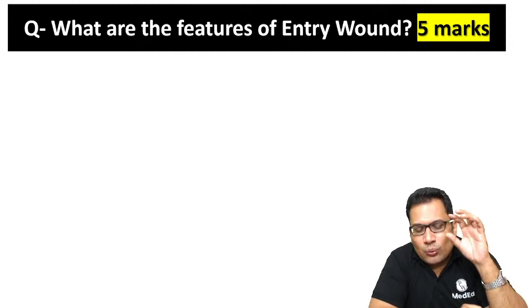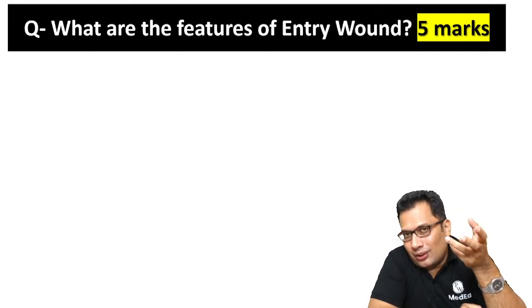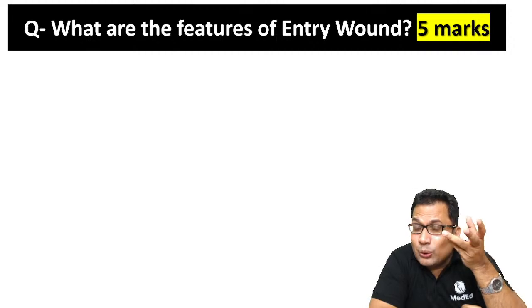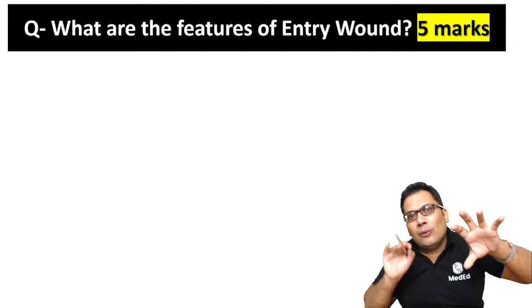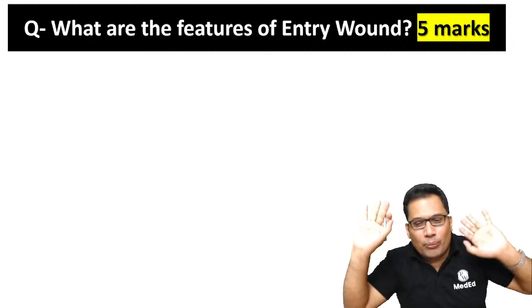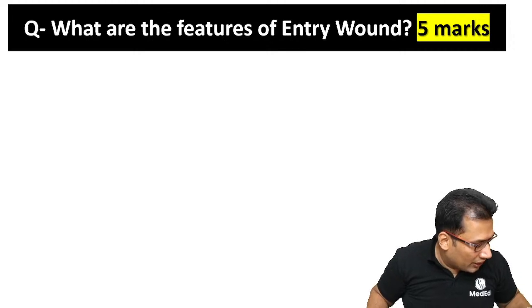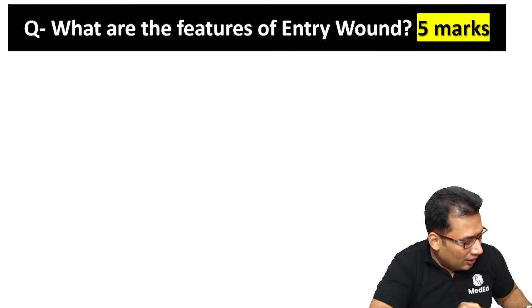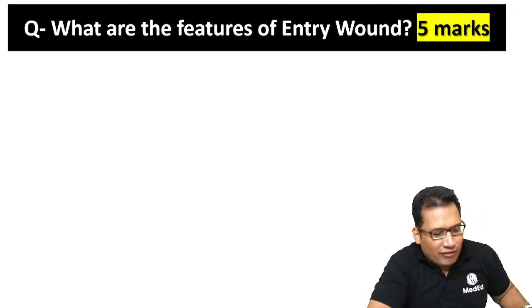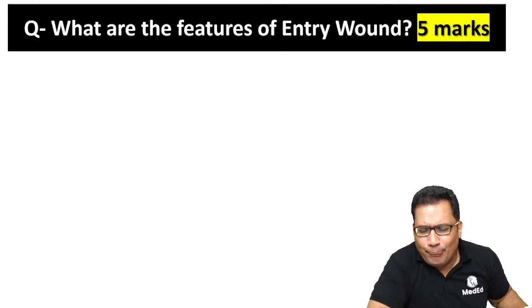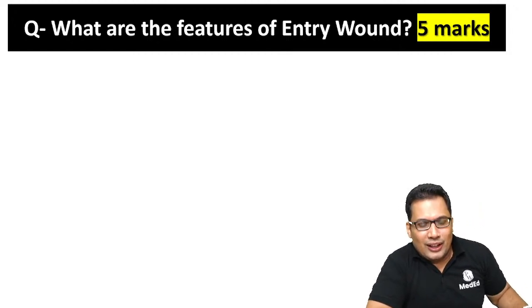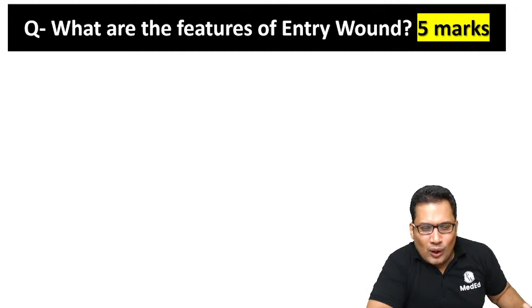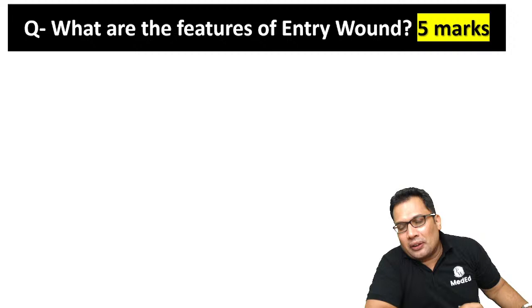So what are the features of entry wound? What are the features of exit wound? Differentiate between entry wound and exit wound. Very, very commonly asked question. Five marks question in your exam. So try to understand. I'm using very simple English. Try to understand the basics only. Don't worry. So what are the features of entry wound?